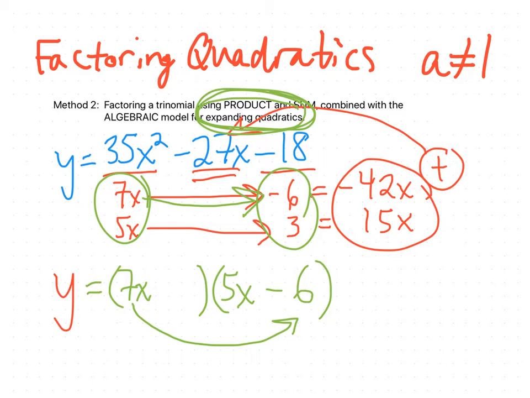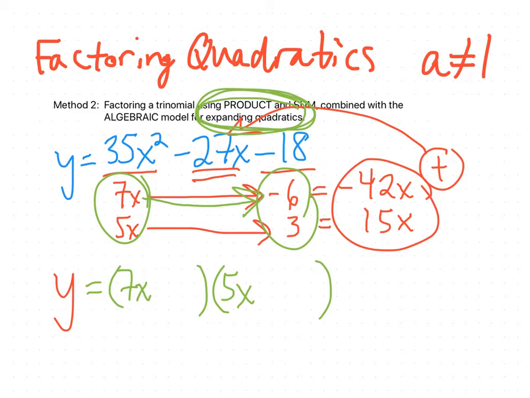Because if they're not in different brackets, the 7x will not multiply with the negative 6. And thus, the positive 3 fills in the space in the first bracket, which also allows it to multiply with 5x in different brackets. And this is when we check our write-up to see if we placed them in the correct brackets.